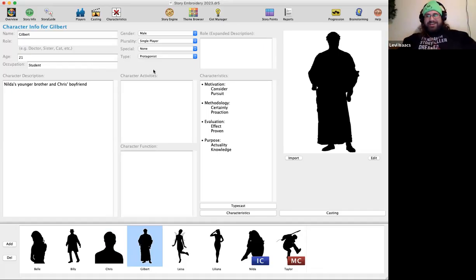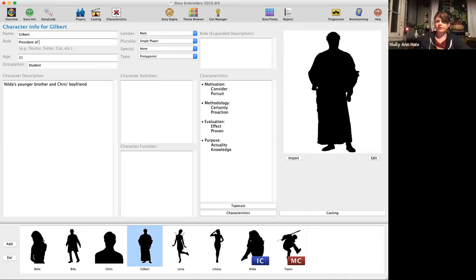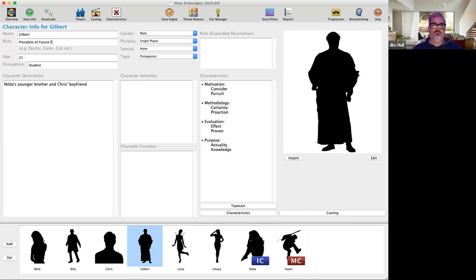That was my only thought. Oh, I see. Well, he's the protagonist, so he's the president of the Future Funeral Planners of Canada. So there could be a bit of a dynamic there.